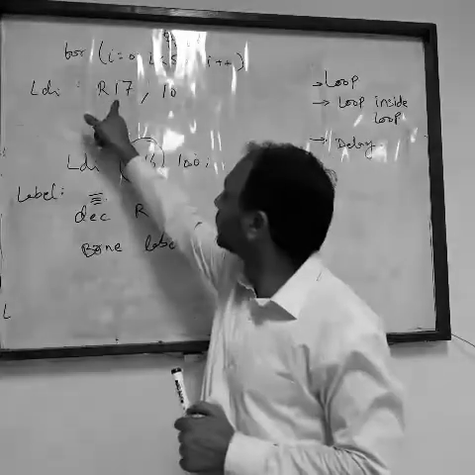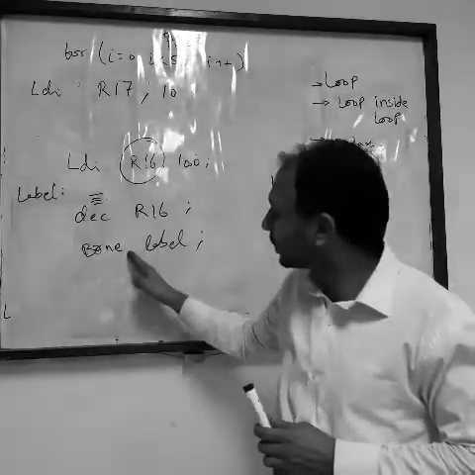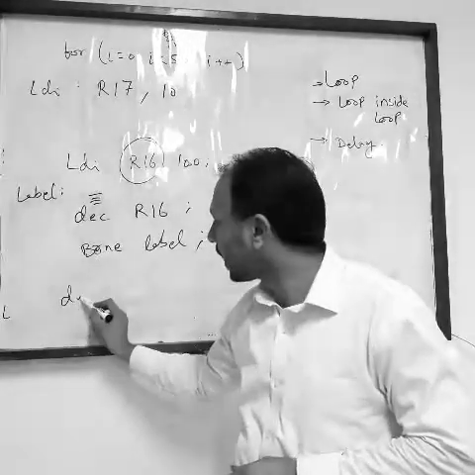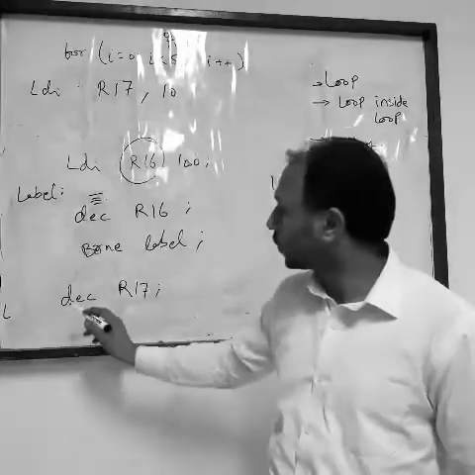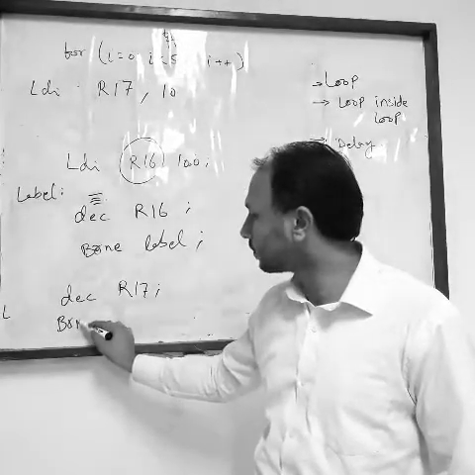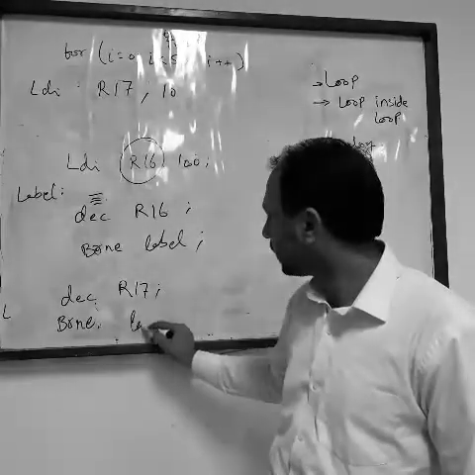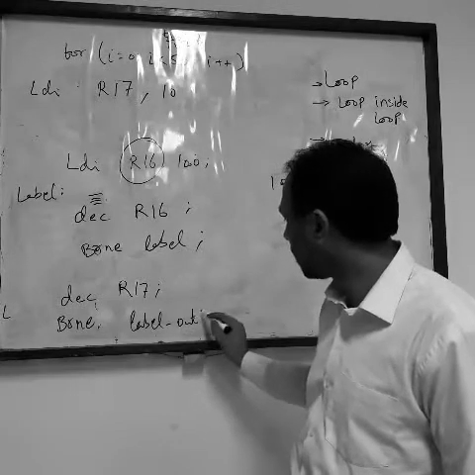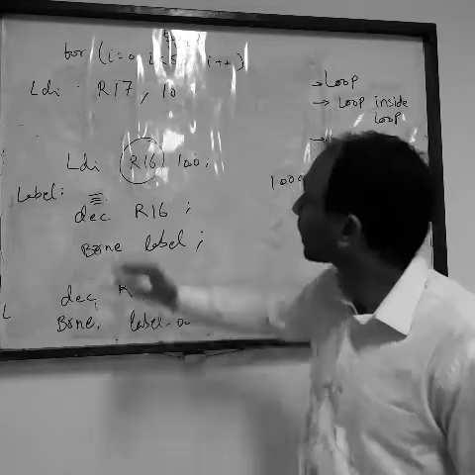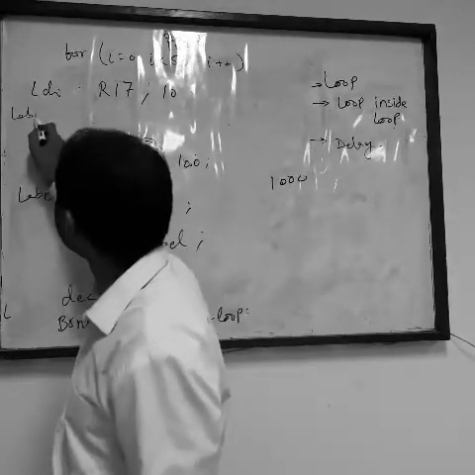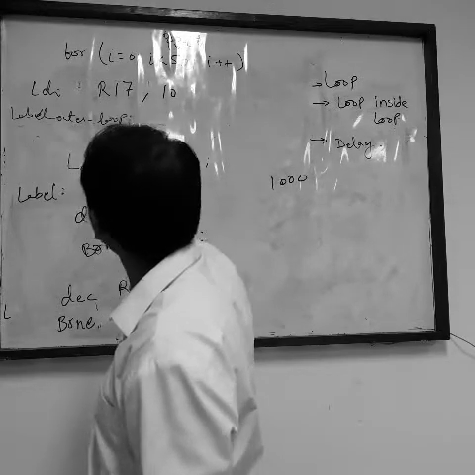So here I move the value 10 into R17. All these instructions will be run. Here I will use decrement R17. Again I will use branch not equal to the label outer loop, and this is my label outer loop.